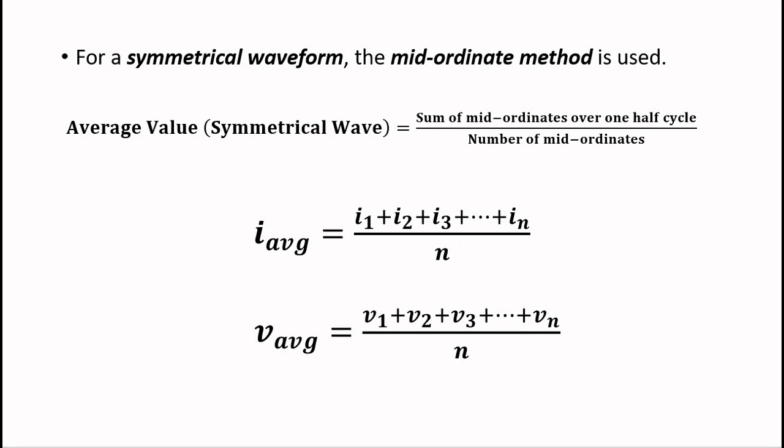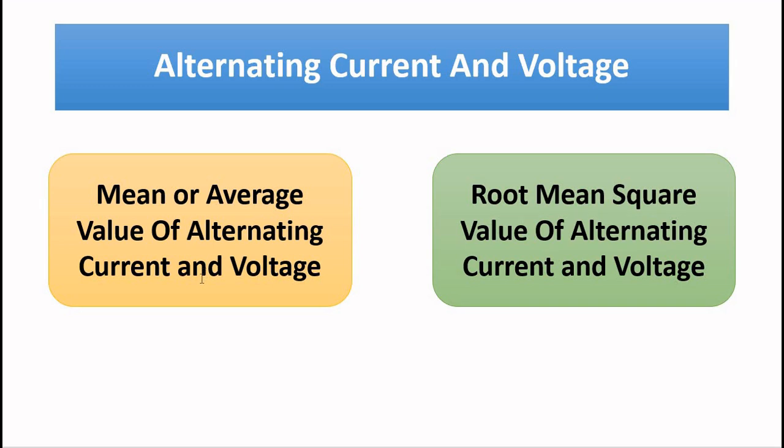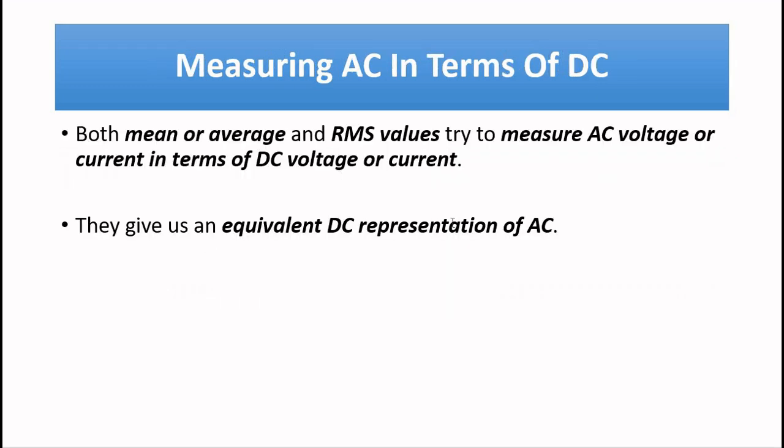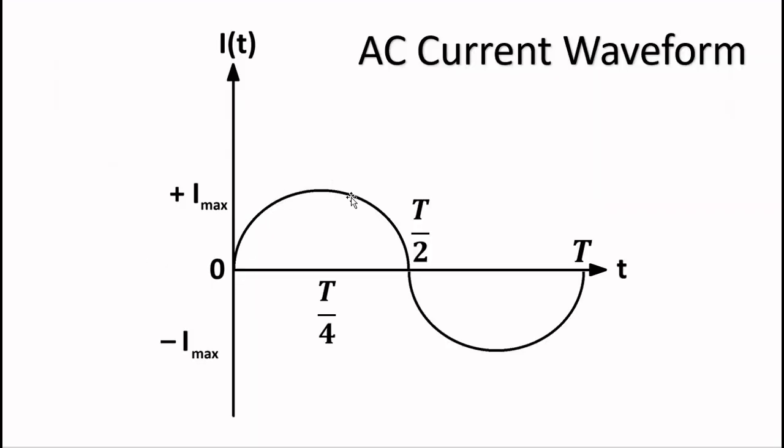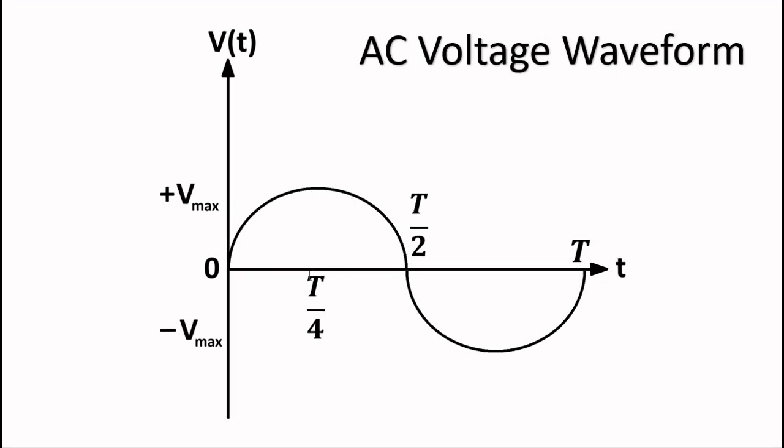Now the mean or average value determination signifies an equivalent DC representation of the AC waveform. Suppose we consider any AC current waveform or AC voltage waveform.